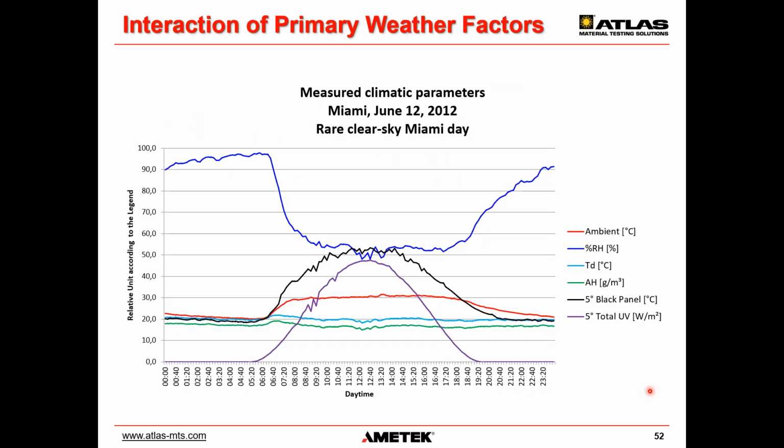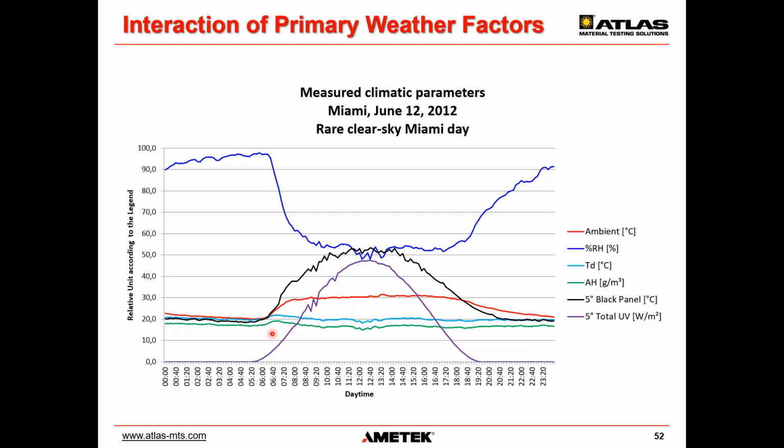Yeah, here just briefly, how do the different weather factors actually interact with each other? Let's start with the solar radiation here on a clear sky day in Miami, which is relatively seldom, where you have no clouds at all, and you see the UV irradiance rising during the day, reaching a maximum at noon.